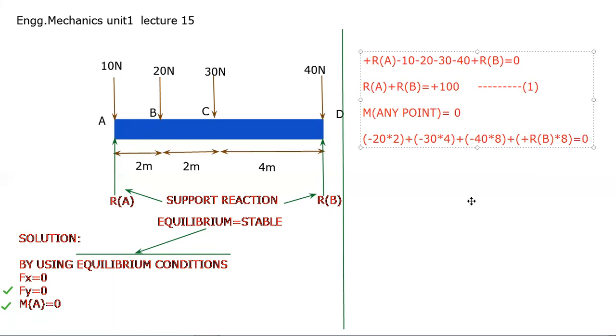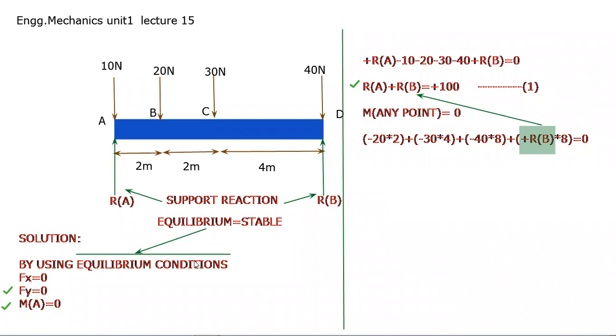So from this you will get the value of RB, and put the value of RB into the first equation to get the value of RA.